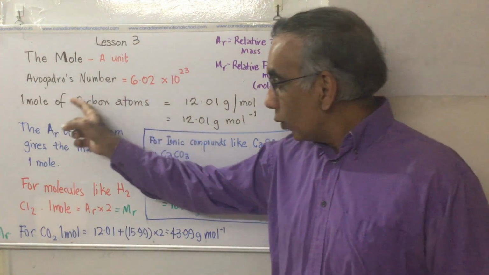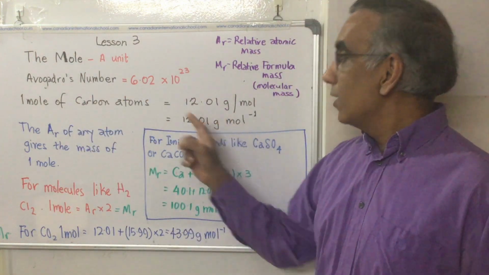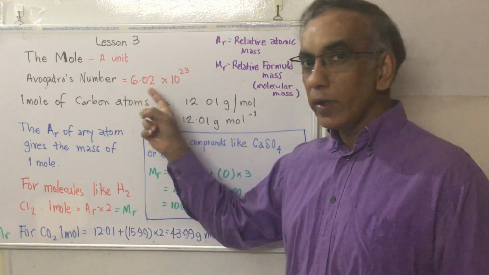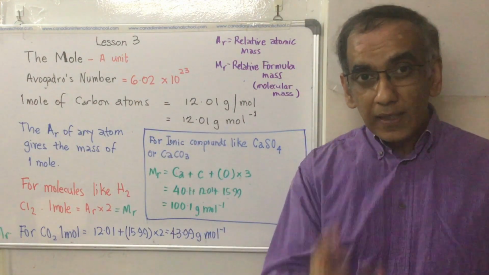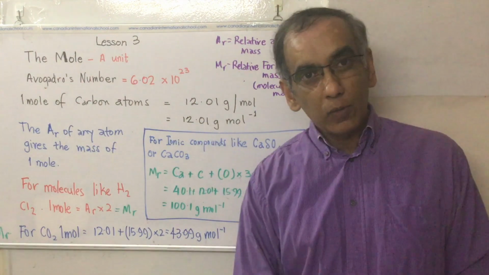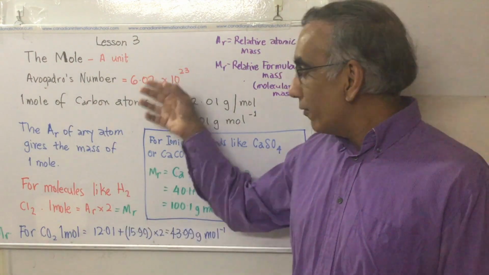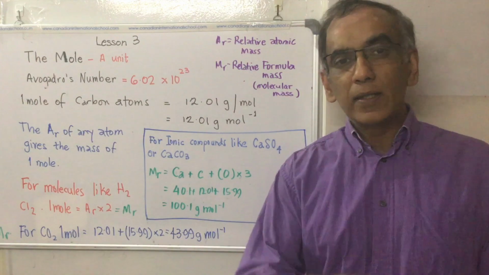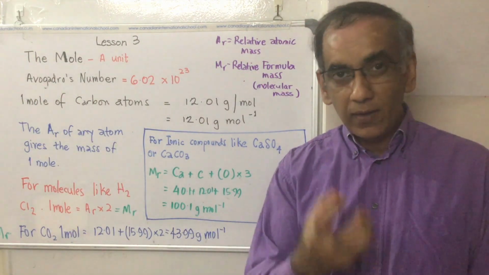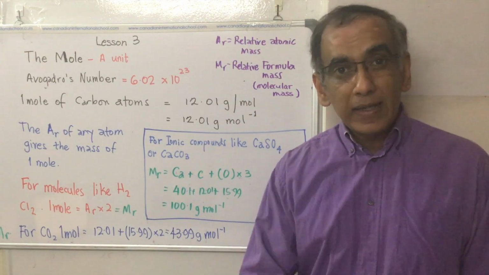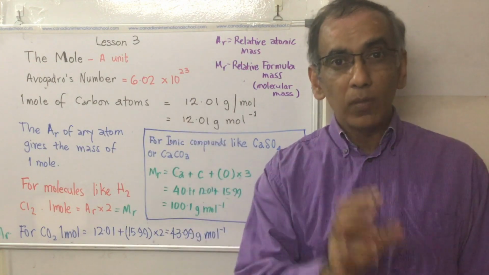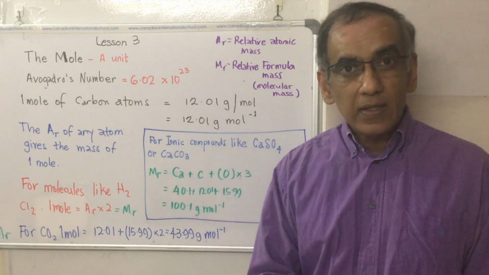And if you had 1 mole of carbon-12 atoms, you would actually have 6.02 by 10 to the power of 23 atoms in those 12.01 grams. The Avogadro's number represents the number of entities that make up a mole, whether that be electrons or ions or atoms or molecules or whatever it is.